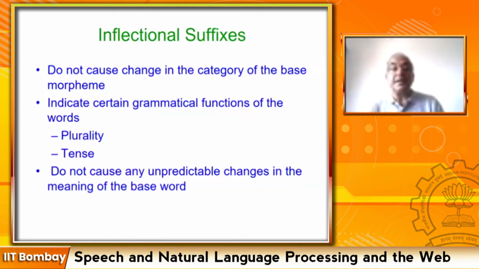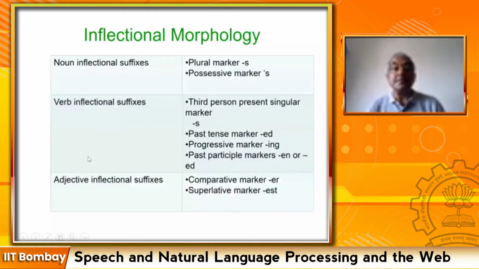And then the other kind of morphological process is inflectional morphology. This is called inflectional suffix insertion. Normally the inflectional processes are plurality, number changing, and tense changing. Noun inflectional suffixes are plural markers like s, and the possessive marker, apostrophe s.